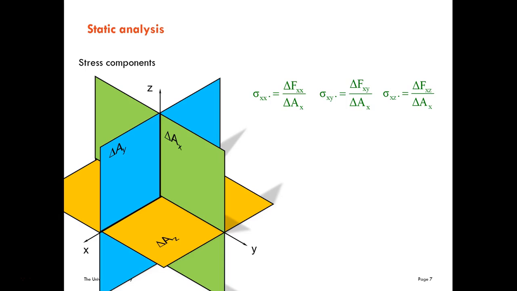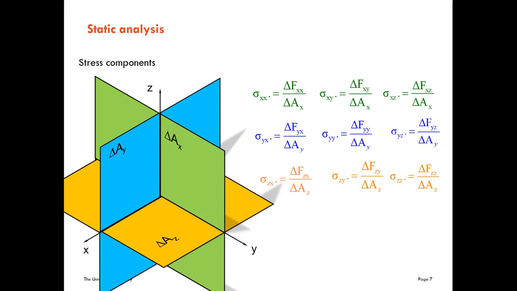For each plane we can define three different forces and three different components of the stress. So this is the axial stress, and these are the shear stresses, and these are the components in the z direction.